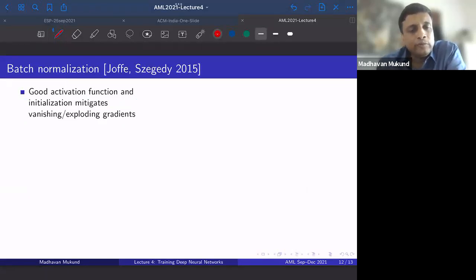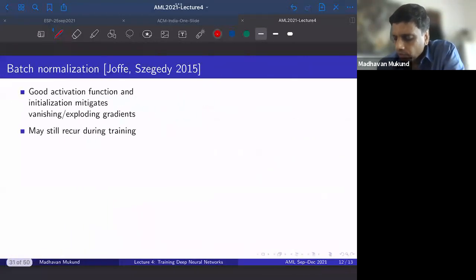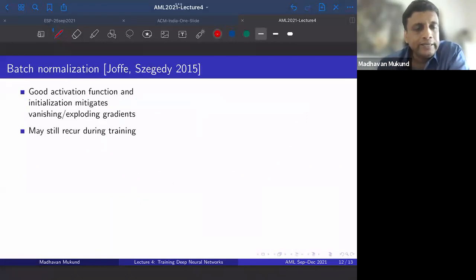We have the idea that we choose an activation function well and have a good initialization strategy. But now you don't want this variance to go bad on you during training. So the idea of batch normalization is to keep correcting for this.